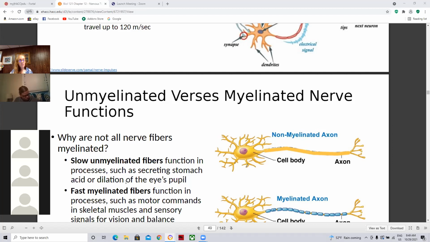One thing you'll notice is that if and when you ever grab the wrong end of the curling iron, you drop it and then you sense the pain. Your pain nerve fibers conduct a lot slower than your motor reflex to drop that thing.